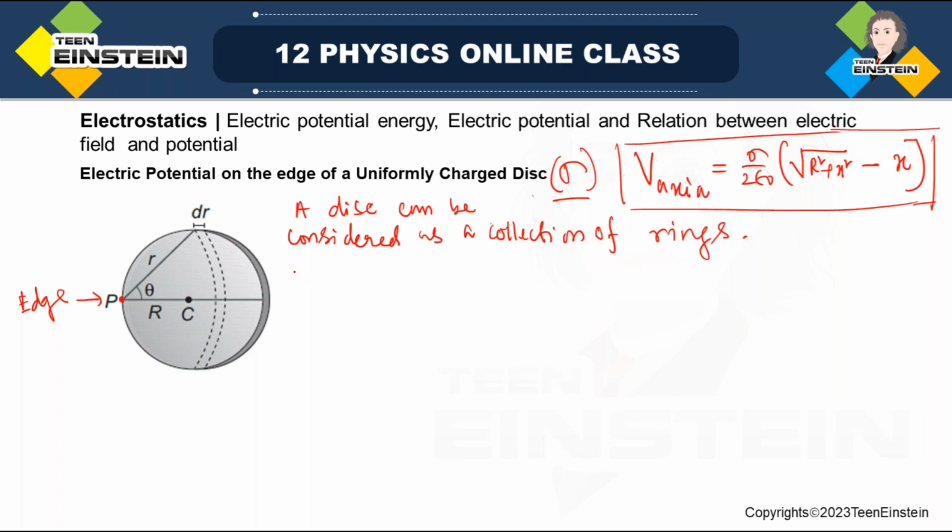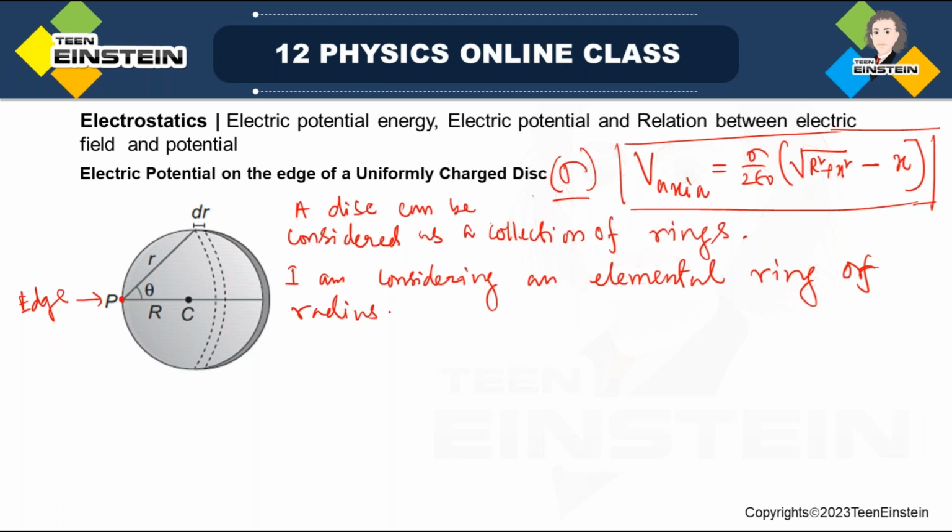What I am doing, I'm just considering an elemental ring of radius r, and thickness, the ring has some thickness, say.